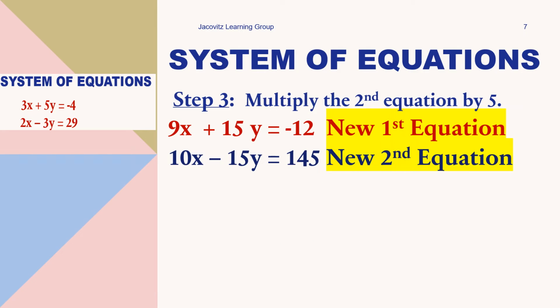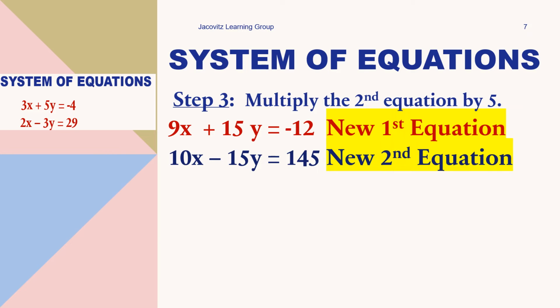Now we are going to add the second equation to the first equation because we are using elimination. A lot of people get this step incorrectly because they think they're supposed to multiply both, and that's not what's happening.